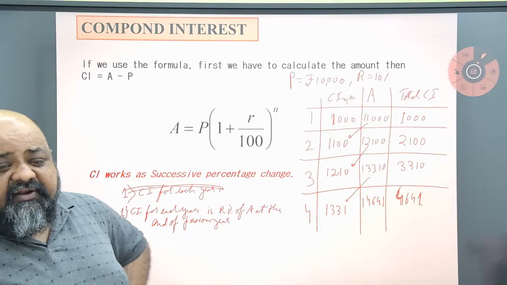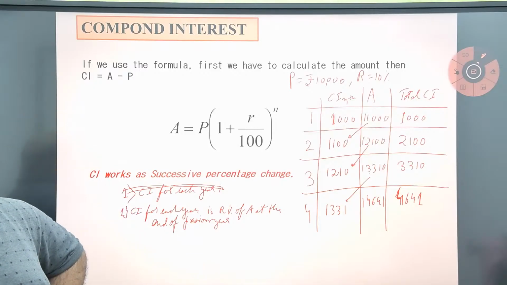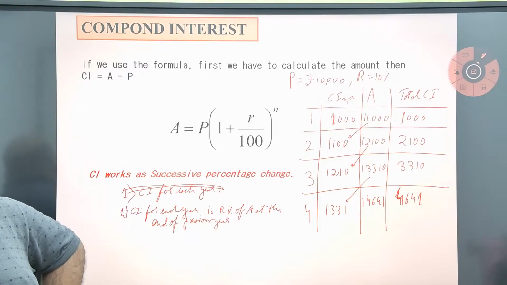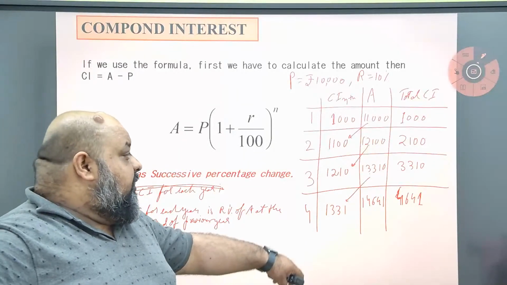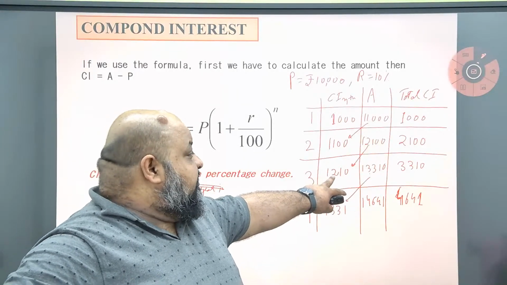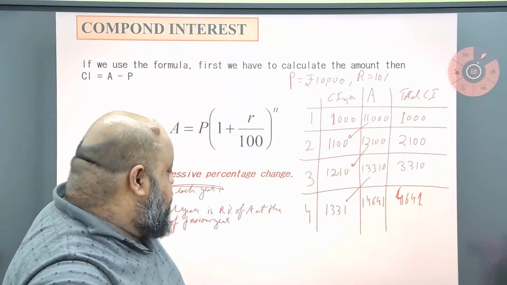Compound interest for the second year, for instance, 1100 was 10% of amount at the end of the first year. Compound interest of 1210 was 10% of this amount, and so on.